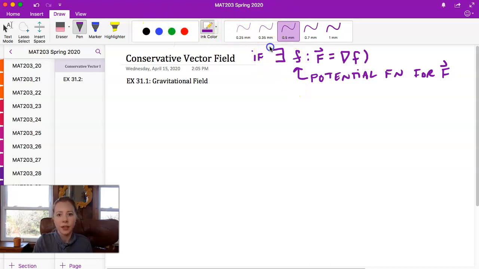So let's look at the gravitational field for an example.